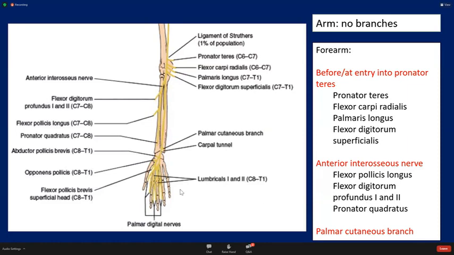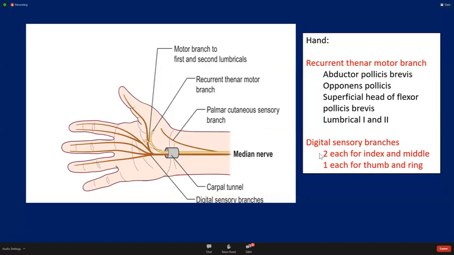And about 5 to 6 centimeters above the wrist, it gives off the palmar cutaneous branch. It enters the hand through the carpal tunnel and then immediately gives off the recurrent thenar motor branch which supplies the thenar muscles, which is the abductor pollicis brevis, opponens pollicis, and superficial head of flexor pollicis brevis, as well as the first and second lumbrical muscles. The digital sensory branches are given to innervate the lateral 3.5 fingers of the hand.